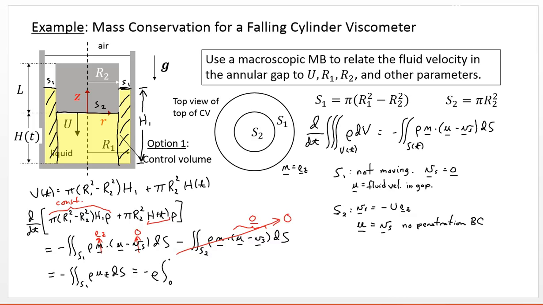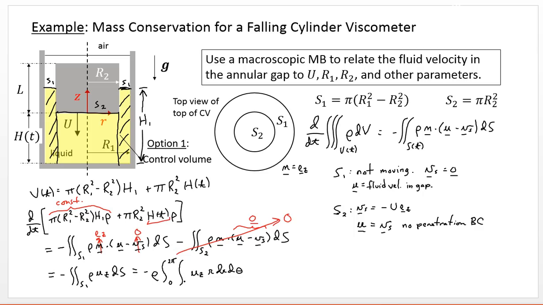We integrate from 0 to 2 pi, and we integrate over the angular gap. With respect to r, we integrate uz, and then the integration area element is r dr d theta. Don't forget the r term here. And we're integrating from the inner surface to the outer surface.